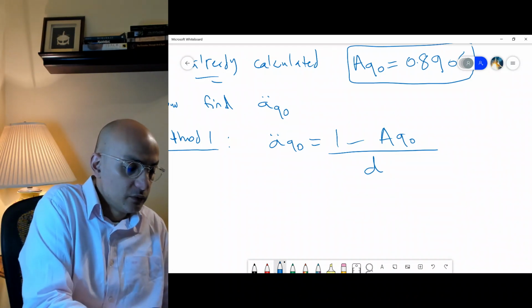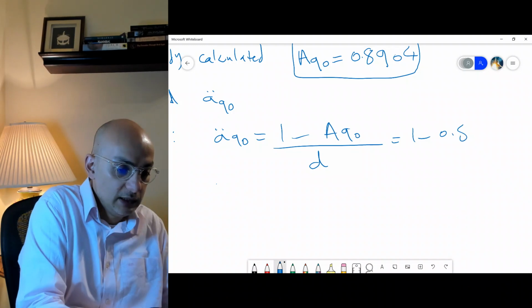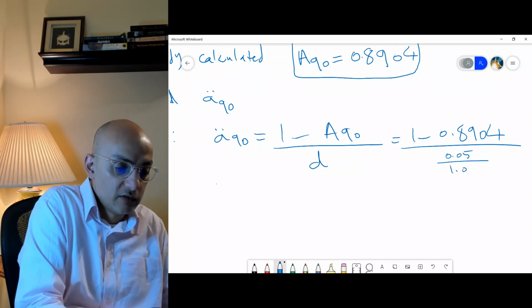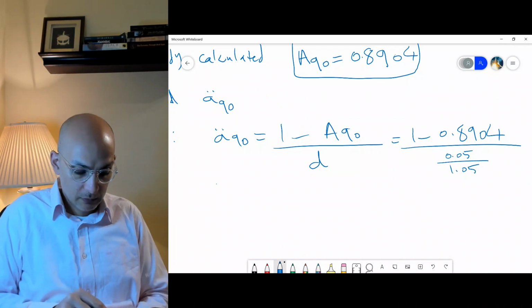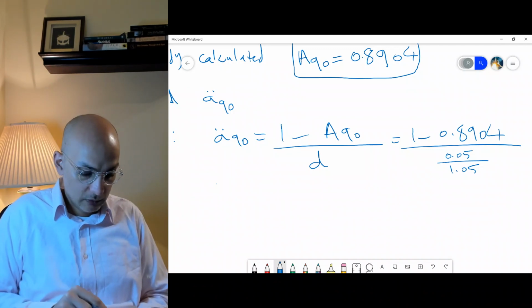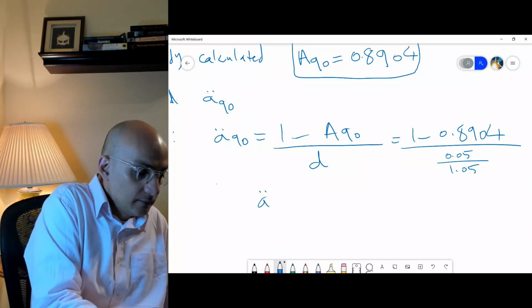Let's write it here. It's simple: 1 minus 0.8904 divided by, what is d? 0.05 divided by 1.05. We use the calculator quickly. I got ä90 to be 2.3016.